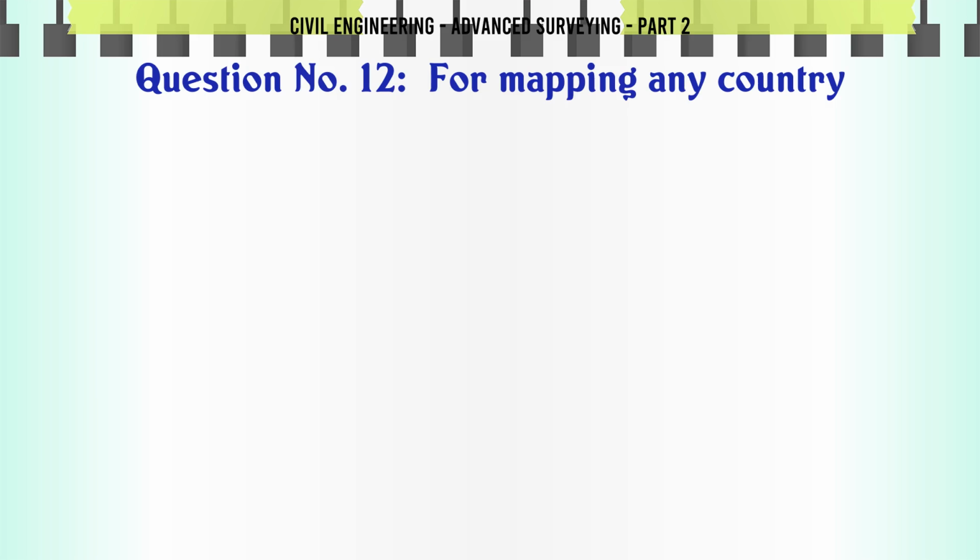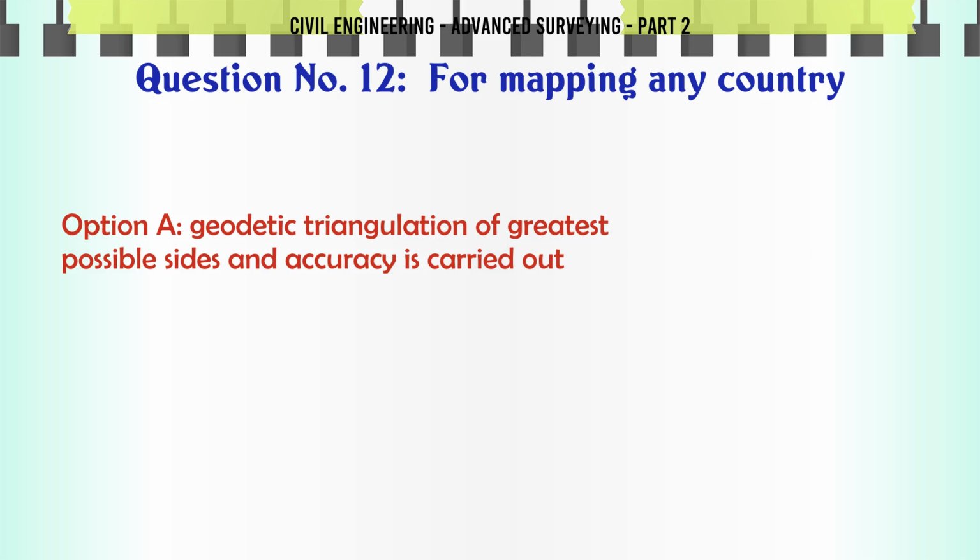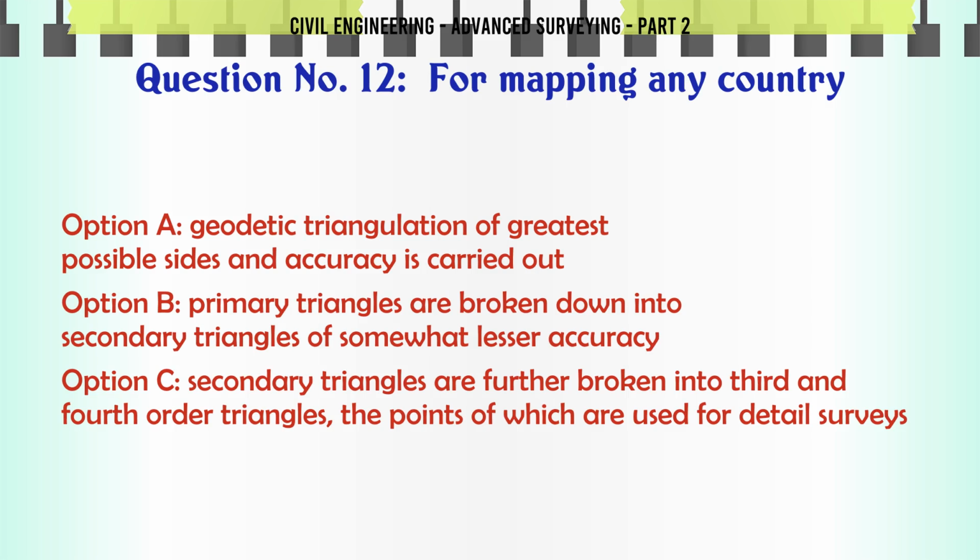For mapping any country, A. a geodetic triangulation of greatest possible sides and accuracy is carried out. B. Primary triangles are broken down into secondary triangles of somewhat lesser accuracy. C. Secondary triangles are further broken into third and fourth order triangles, the points of which are used for detailed surveys.